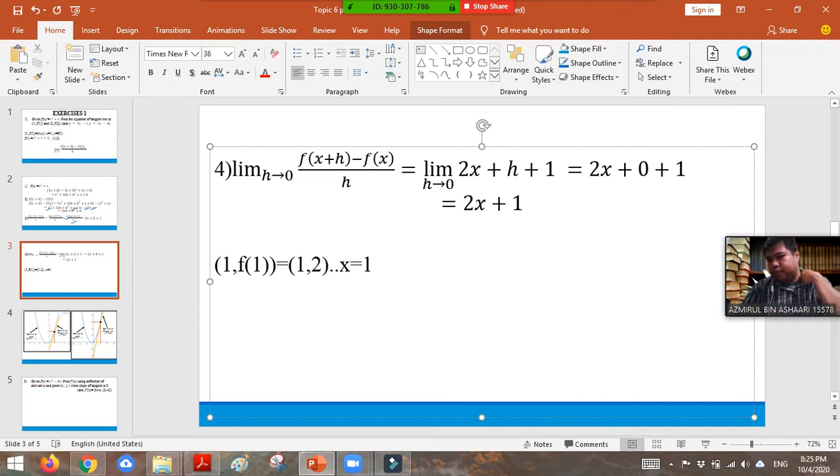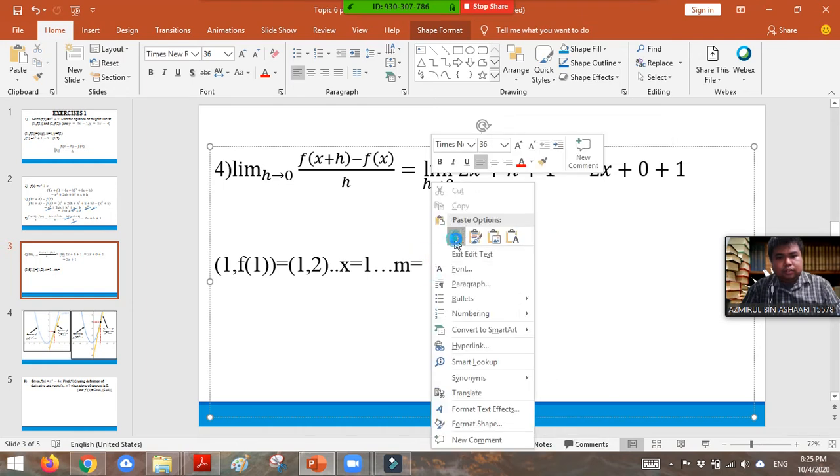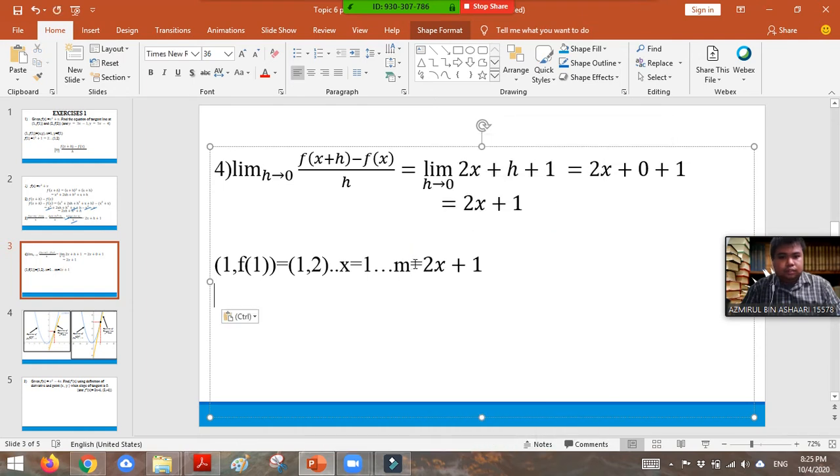So we want to find the gradient of the slope of the tangent. So m equals this one, m equals 2x plus 1, and x is equal to 1.